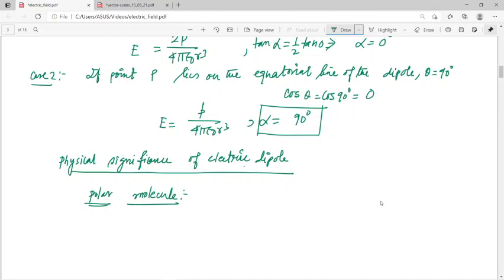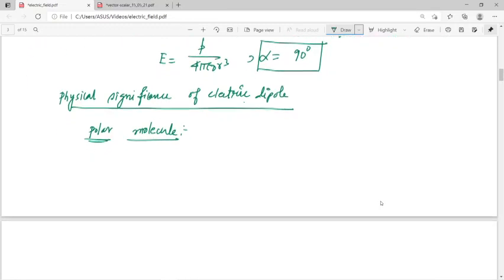That means we know that if the center of mass of positive charges does not coincide with the center of mass of negative charges, then the molecule is said to be a polar molecule.